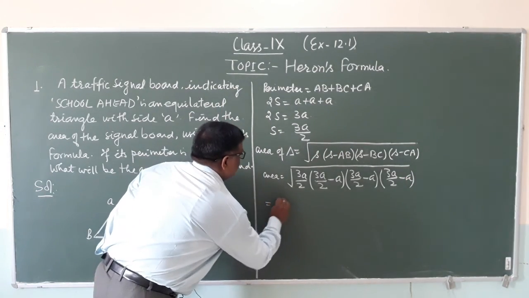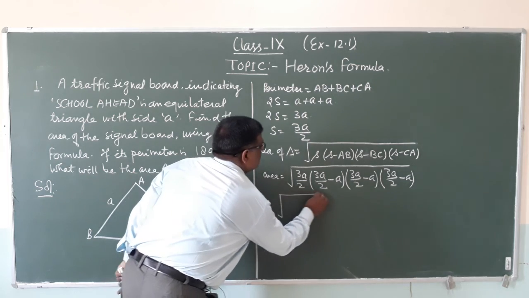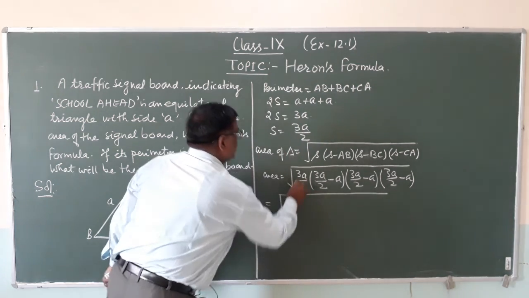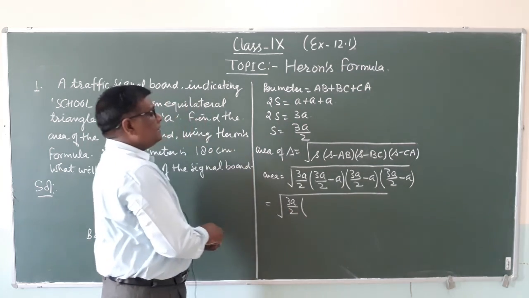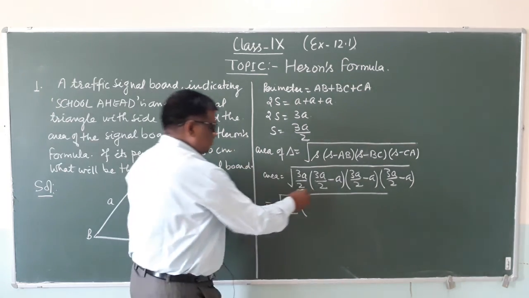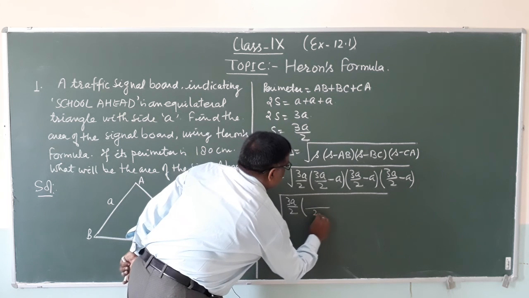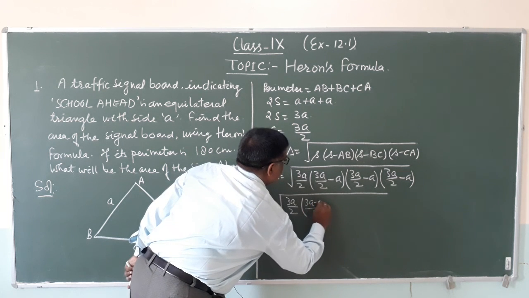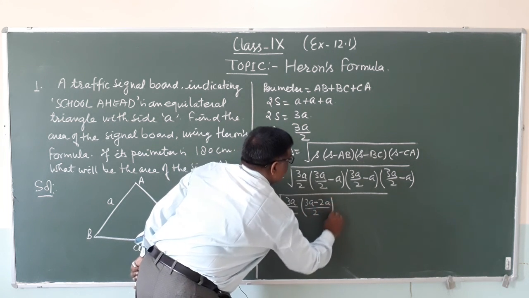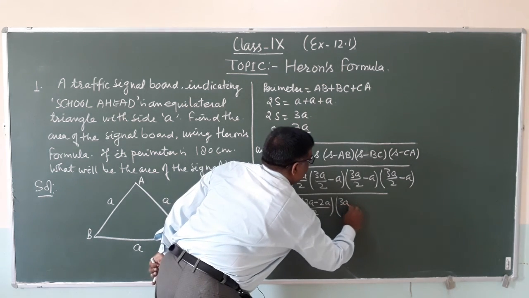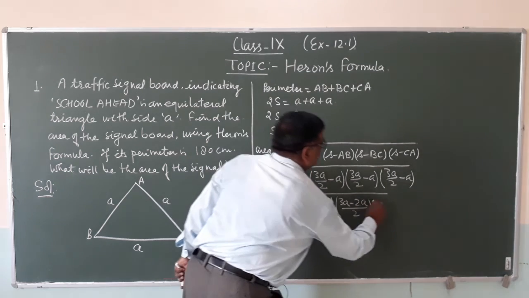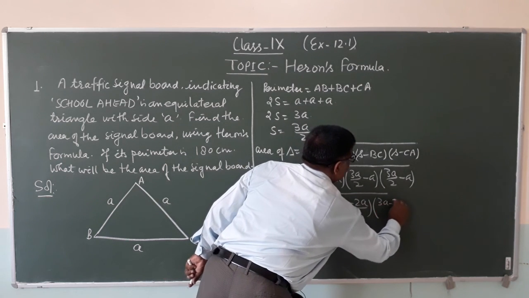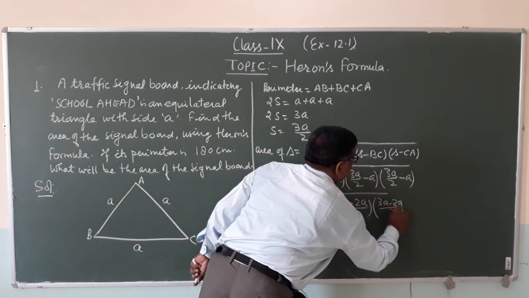This implies the square root of 3A by 2, and now we take the LCM, which is 2: 3A minus 2A upon 2, again 3A minus 2A upon 2, and again 3A minus 2A upon 2.